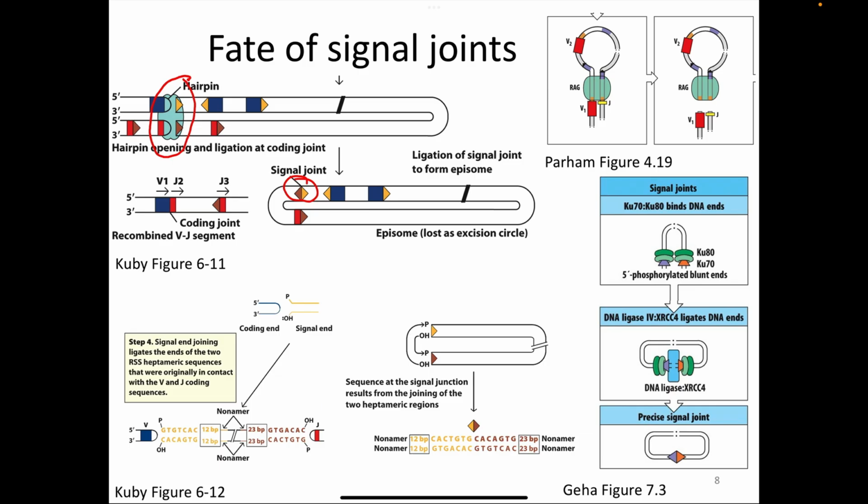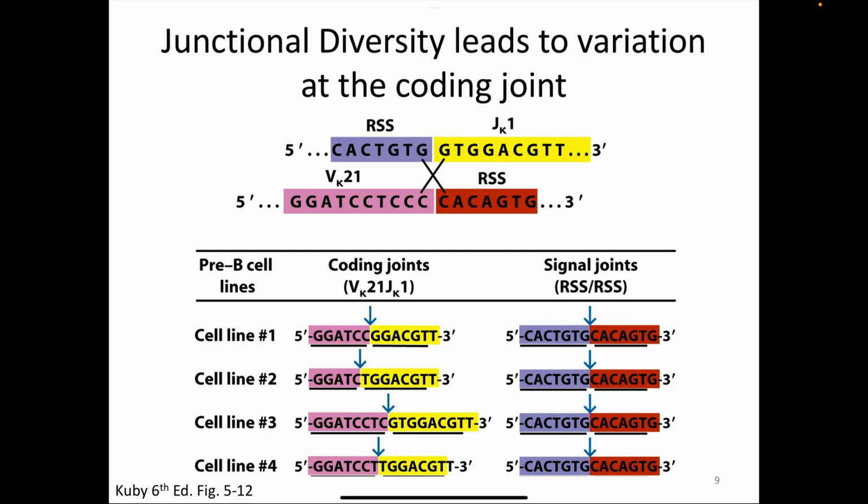And so dealing with the hairpin is how we get junctional diversity. It's how we get the additional base pairs that we see in the coding joint. I would say the phrasing should be the other way: variation at the coding joint leads to junctional diversity.